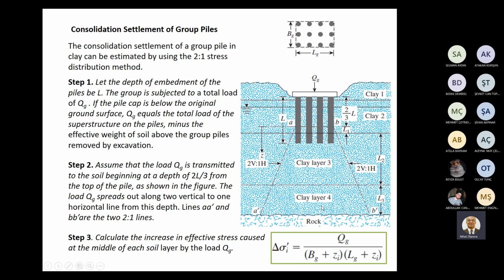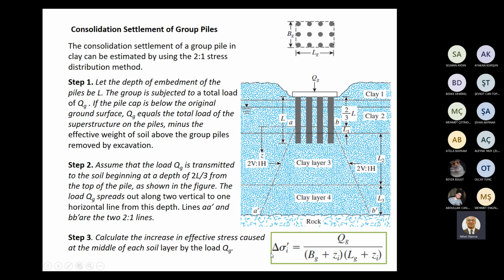You have to know from soil mechanics, the stress increase at the mid layer is calculated using this equation, Q divided by B plus Z. What is that? Depth at mid layer. Again, L plus Z.